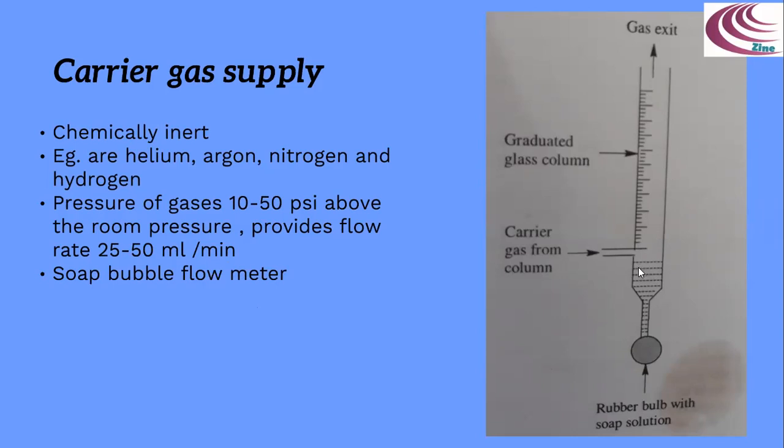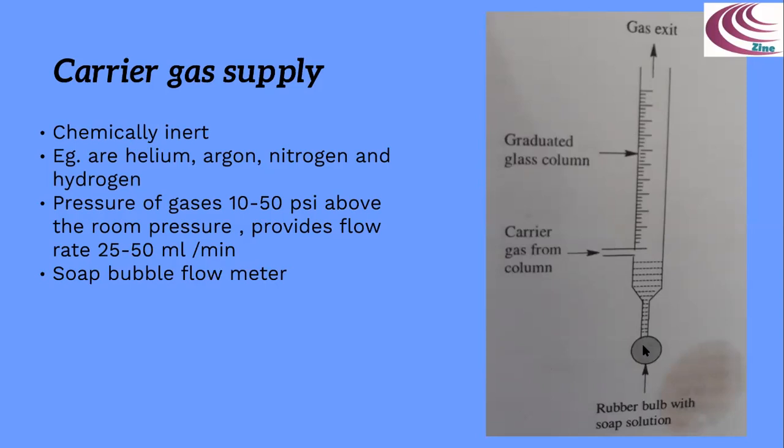What is a soap flow or soap bubble flow meter? It consists of a graduated glass column having a side tubing which is connected to an analytical column. At the lower end of the column, a rubber bulb containing an aqueous solution of soap or detergent is attached.